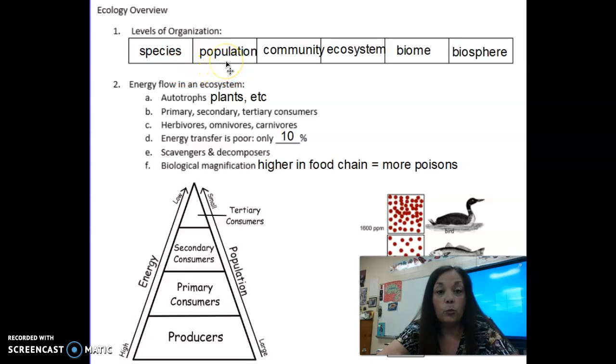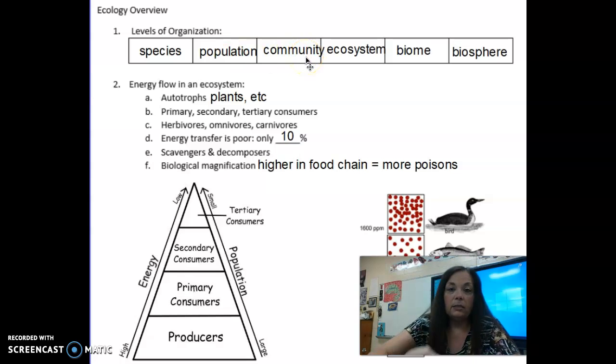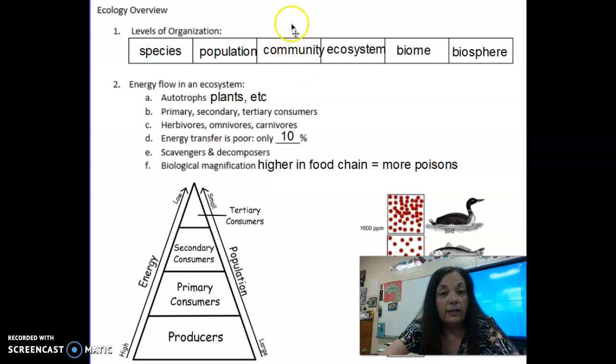Then the population would be all of those in the area. Community would be, if we're going to do the shark example, the shark, the jellyfish, the other fish, the tuna, the algae, all living things that are in a certain area. And then ecosystem is the first level that actually includes living and non-living things, so biotic and abiotic.